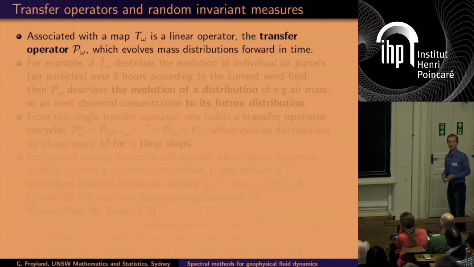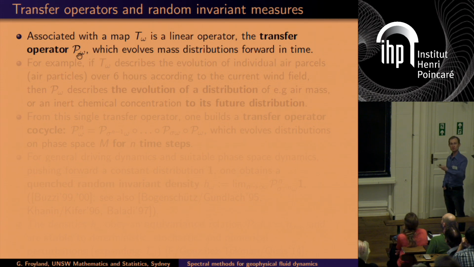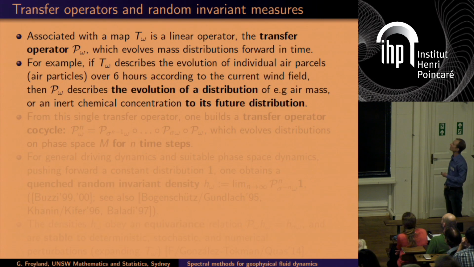Okay, so that's non-autonomous maps on the phase space, and now I want to move to densities on the phase space. So associated with each map T omega is a linear operator called the transfer operator, and I'll call this P omega. And this involves mass distributions on the phase space in the same way that T omega pushes individual points around.